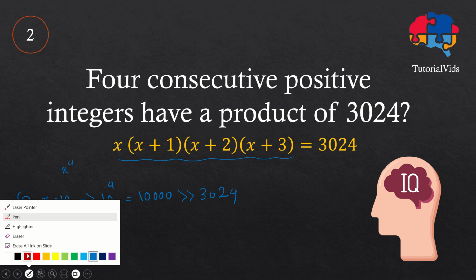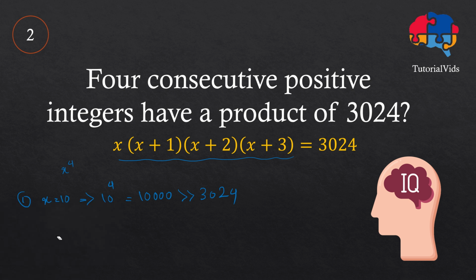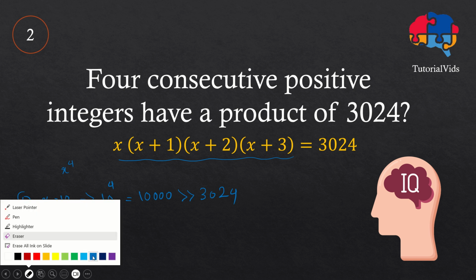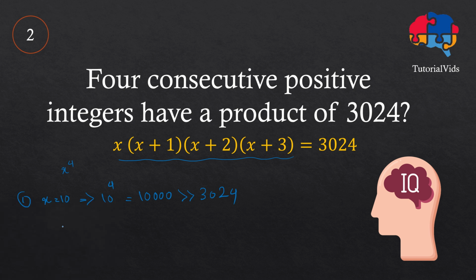Okay, then x equals 10 is not a good guess, but this gives us some information. It says that x cannot be 10, but also it should be something smaller than that. So let's try this time with x equals 8. Then x to the power of 4 is 8 to the power of 4. Well, this is a bit difficult to calculate. I can maybe replace that by 8 to the power of 2 times 8 to the power of 2, which is 64 times 64.